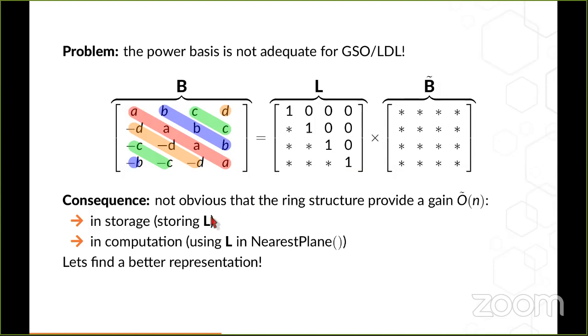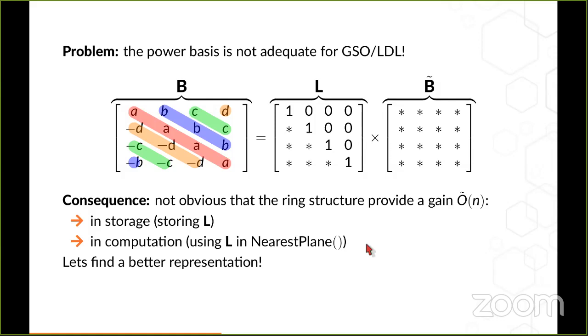And since there is no obvious compact representation, it seems at first sight that we need space big O of n squared to store L. Well, since this matrix L is going to be used in the nearest plane algorithm, if you need all n squared coefficients, then it doesn't seem obvious at first that you can do better than big O of n squared complexity.